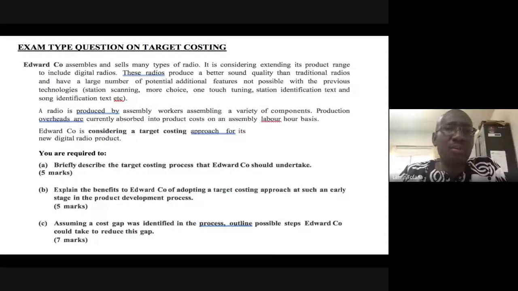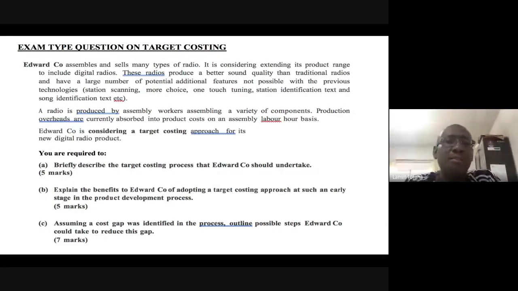It was given on the handout that was given, I think, two classes ago or so. The handout that has got target costing on it. So this exam question is on it. It's at the back of it. Please refer to it so that we can proceed.